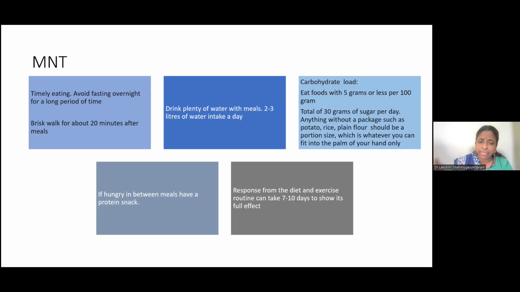So they can increase the amount of vegetables they take and the protein that they take with it. I think that is the advice that will help. Also, when they are hungry, for them to take protein snacks rather than carbohydrate containing snacks. So anything containing lentils is much better. And also, we should give them at least 7 to 10 days time for all this to become fully effective.